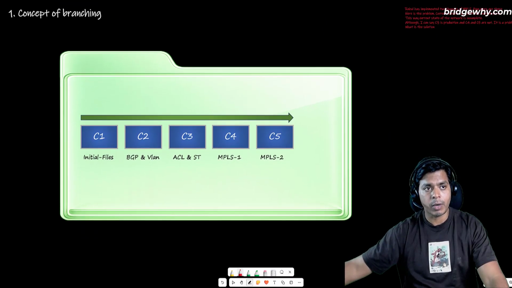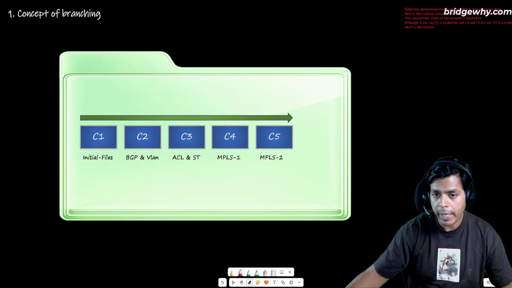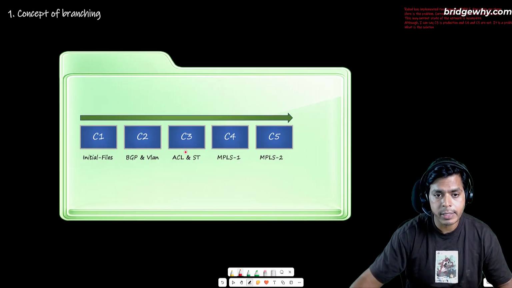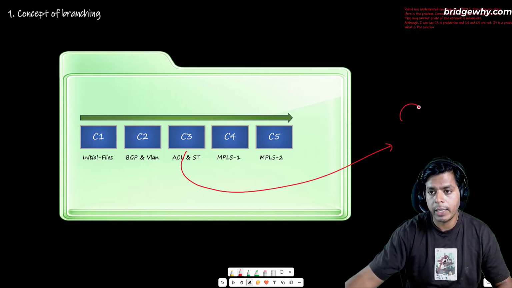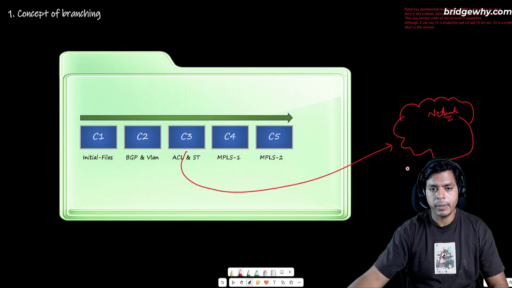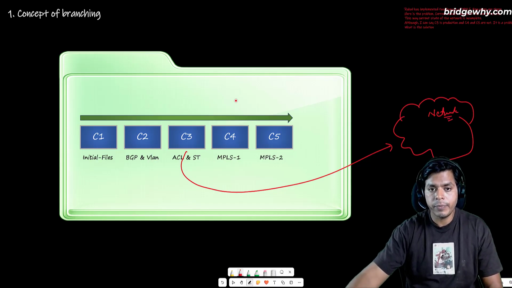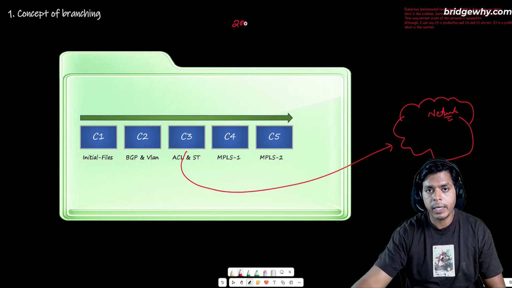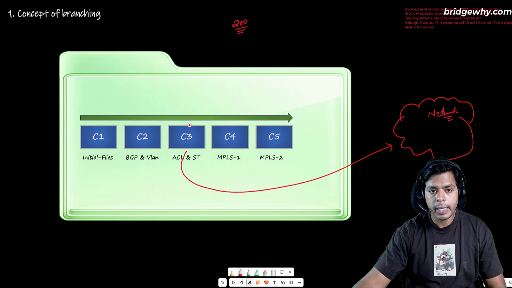What is the problem Rahul is facing right now? Right now, as you all know, C3 is actually representing the current state of the network. No doubt about it, right? If we talk about C4, out of the 200 lines which Rahul wants to incorporate, he has done some changes in some files, right?